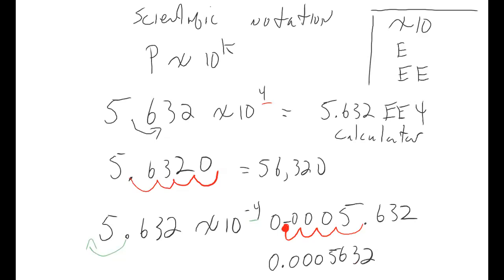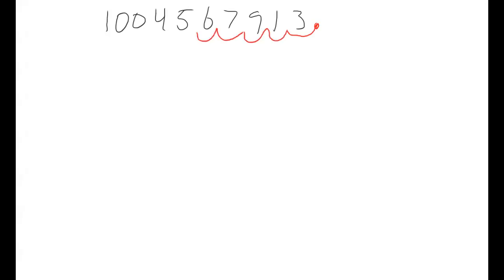Now, if I want to write a number that is not in scientific notation into scientific notation, so if I have 1, 0, 0, 4, 5, 6, 7, 9, 1, 3, and I want to put this in scientific notation. My decimal's right here, so I move it 1, 2, 3, 4, 5, 6, 7, 8, 9.